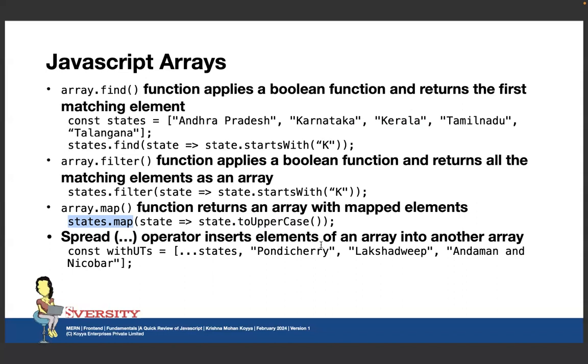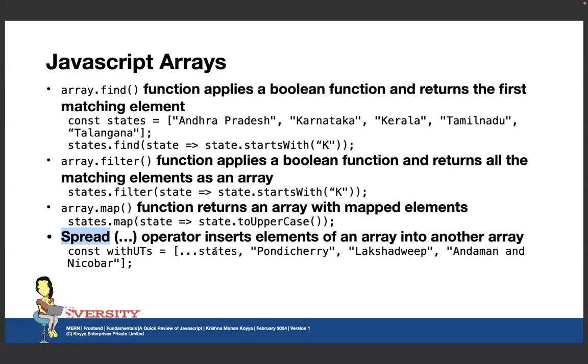And one more thing is the spread operator. Triple dot. You can identify a spread operator because of these triple dots as a prefix. This is basically to insert the elements of an array into another array and create a new array out of it. You have an existing array and you want to spread its elements into a newly created array. In such a case, you will be using this spread operator.